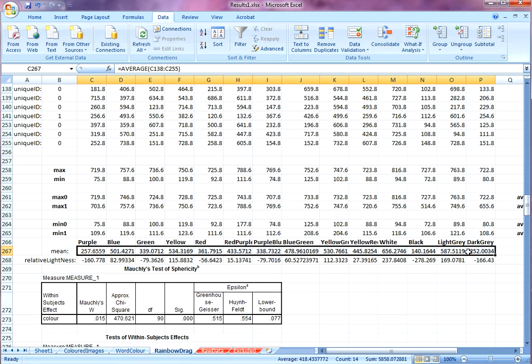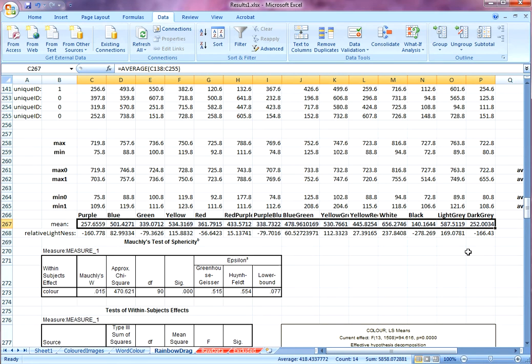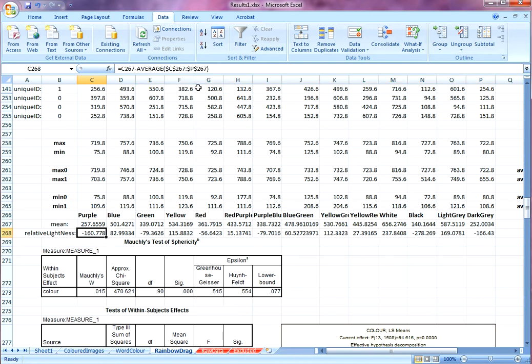Okay, so we now have all these mean ratings, and awesome, we have an indicator of how heavy and how light things are. I quite like the idea of having 0 be a colour that's neither heavy nor light. So to calculate the relative lightness, I don't recall the formula that I used, but it's super simple.